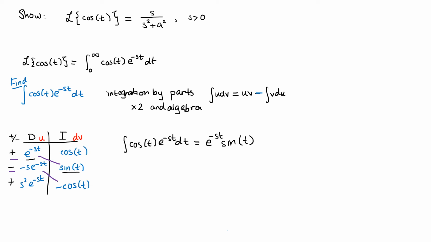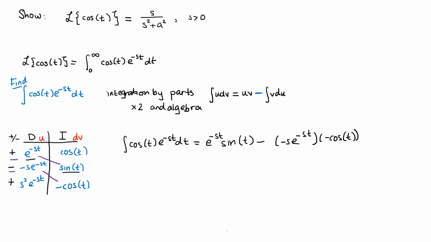Okay, minus negative s e to the negative st times negative cosine of t. And then for our final step, we add the product.